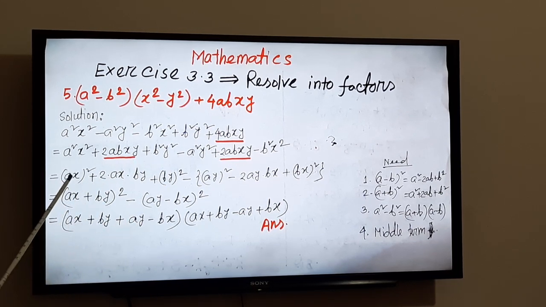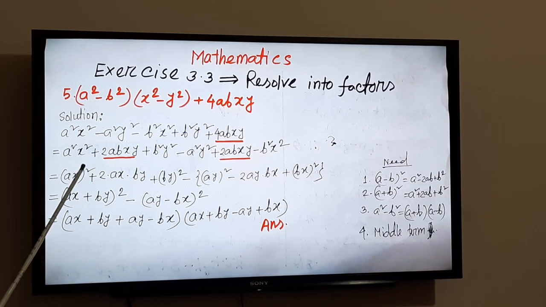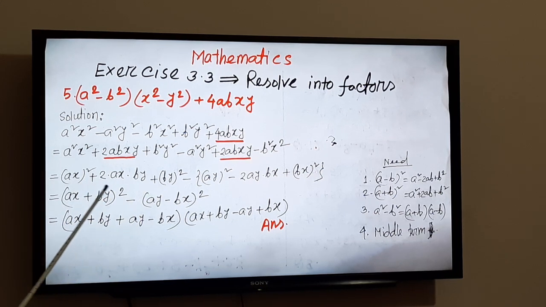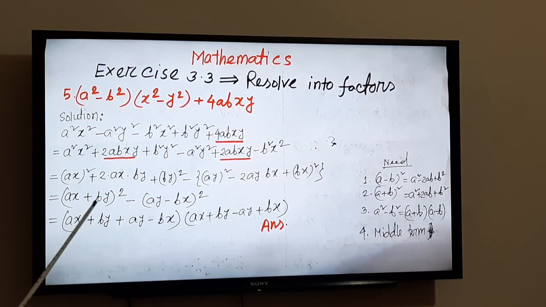In this line, ax whole square, you can write it, and by whole square. Let us consider this is a and this is b. So a square plus 2ab plus b square, and this middle term is equal. So this line we can write as ax plus by whole square.